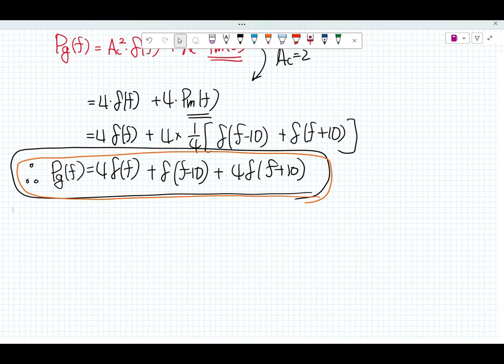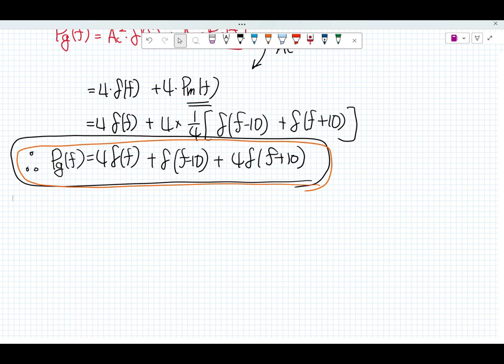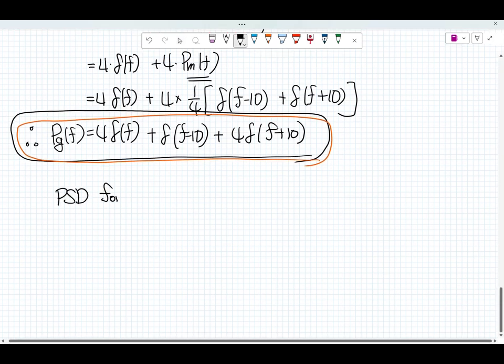Now, finally the question is the power spectral density for the AM signal, right? So that means we need to look for the PSD for the AM signal we learned before.